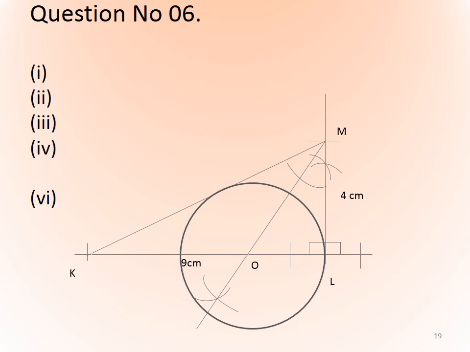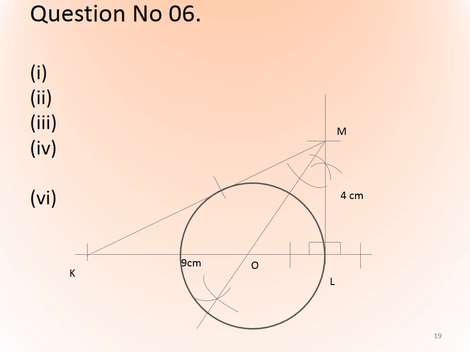Next one, mark a point T on KM such that ML equals MT. Take the length of ML using the compass and keep on top of the point M and mark that length on KM.